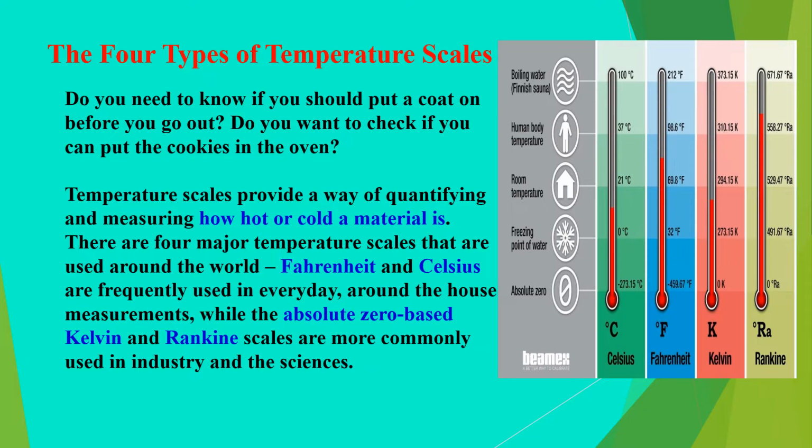There are four major temperature scales that are used around the world. Fahrenheit and Celsius are frequently used in everyday, around-the-house measurements, while the absolute zero-based Kelvin and Rankine scales are more commonly used in industry and the sciences.